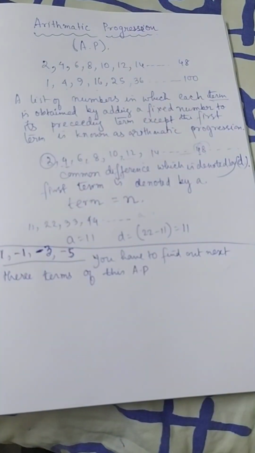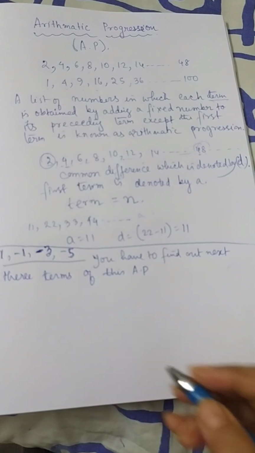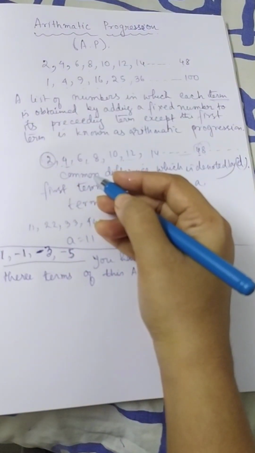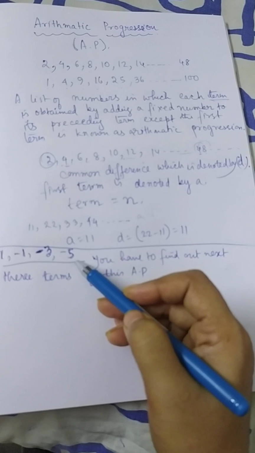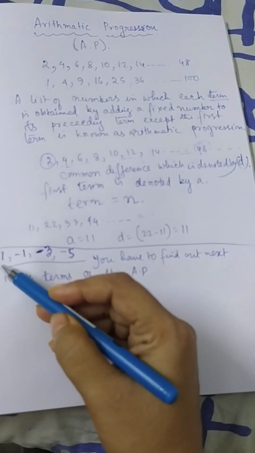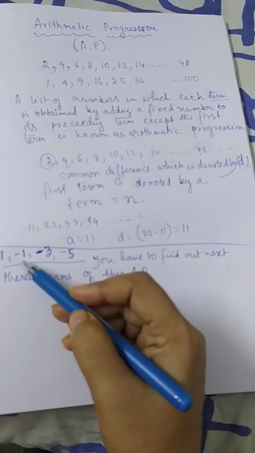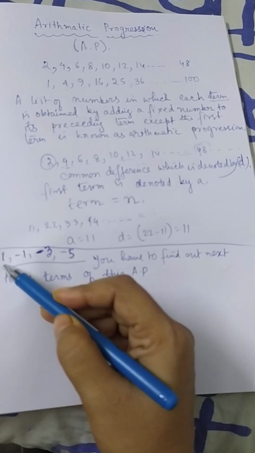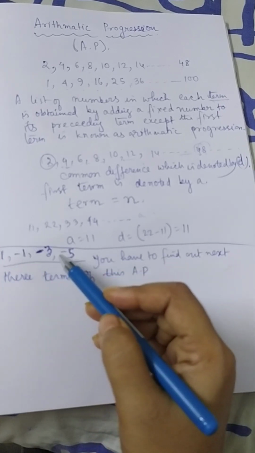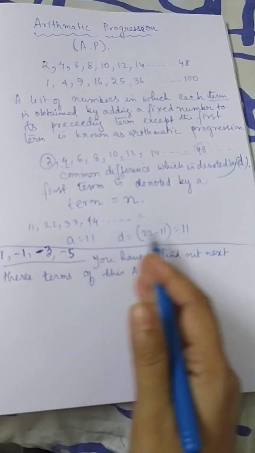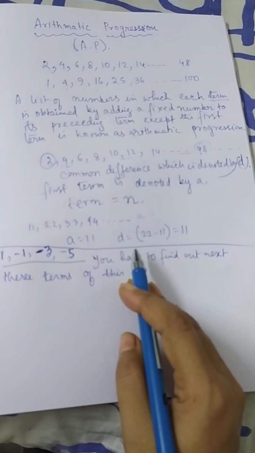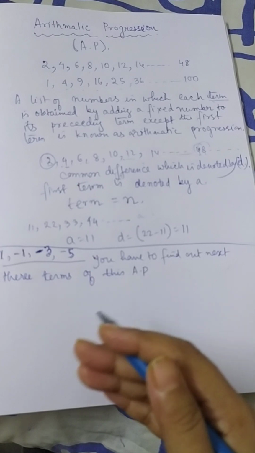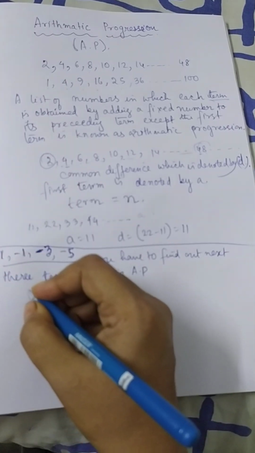You remember that I discussed just a few minutes ago that if there is a series, obviously if we subtract the previous term from the succeeding term, we will get the common difference, right? So obviously this pattern will follow like this. Okay, so first of all let us find out the common difference.